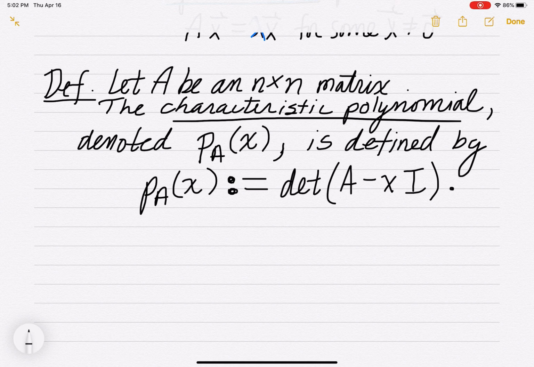That's what the characteristic polynomial is: the determinant of A minus xI, where I is the n by n identity matrix.